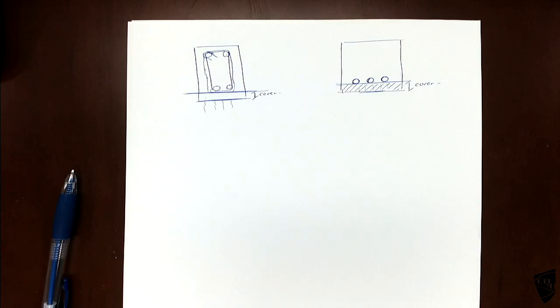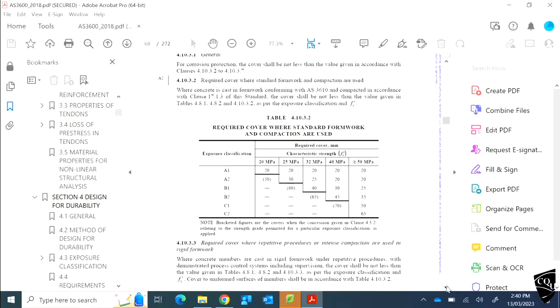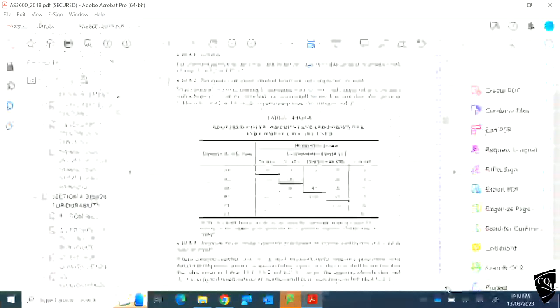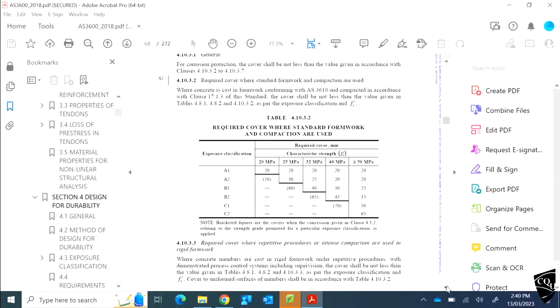So if you increase the dead load, what will happen? You will end up with a large bending moment, so again you need larger sections. To avoid that, we try to use the minimum cover. This standard says what the minimum cover is for each exposure classification.